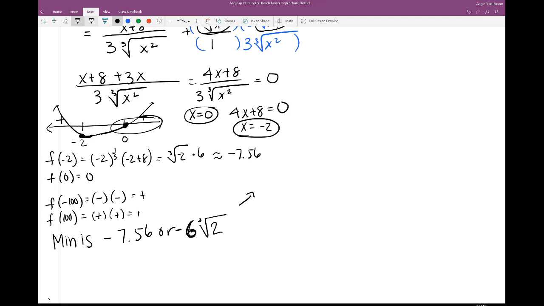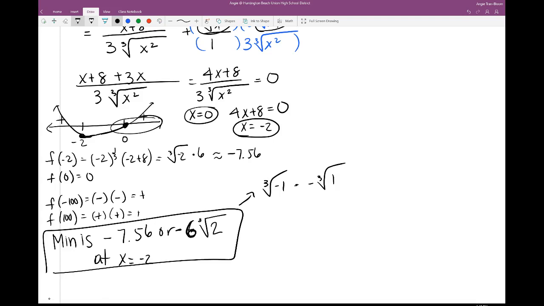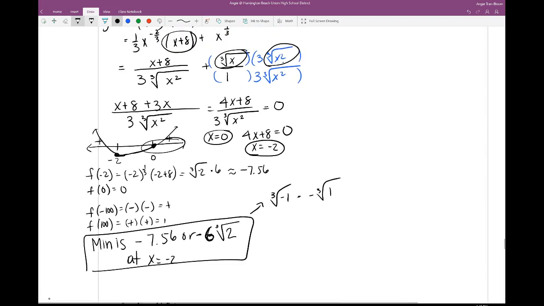Okay, so what happened is the third root of negative 1 is the same thing as negative third root of 1, which is really negative 1. So you can pull out the negative in the front. So the minimum is the decimal, or negative 6 times third root of 2 at x equals negative 2. So that's my minimum. So that is just part A.